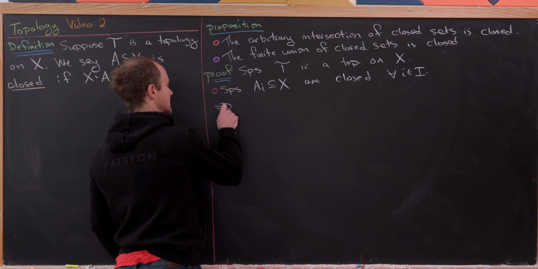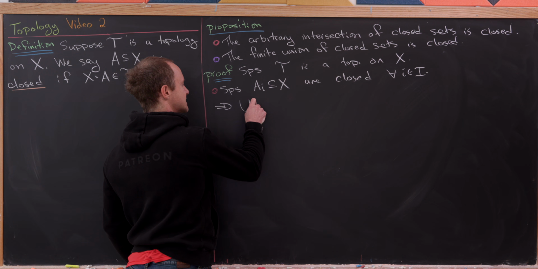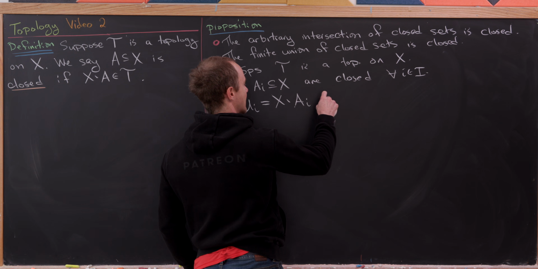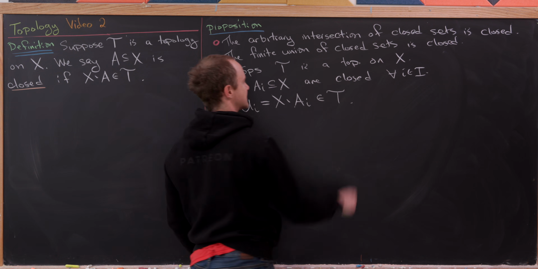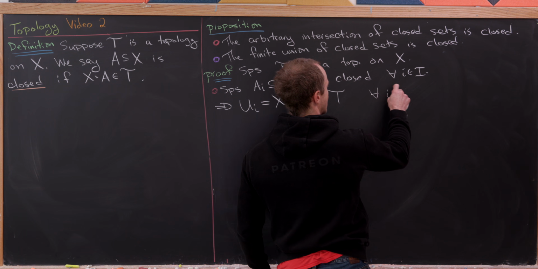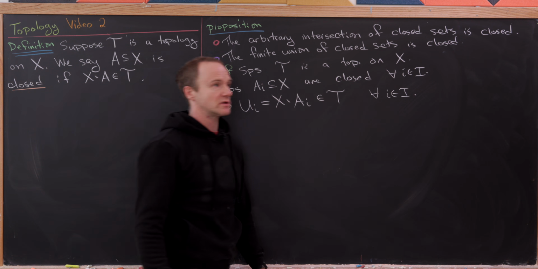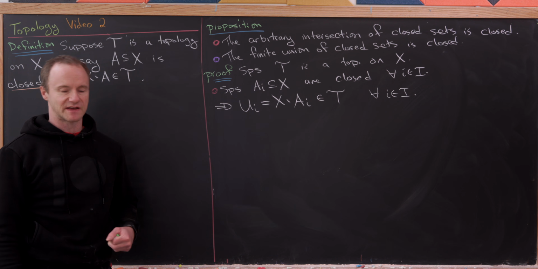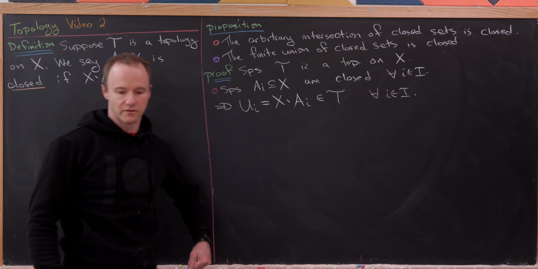But what does that mean? That means that U sub I, which I will define as X minus A sub I, are all open. In other words, they're all in T. And this is going to be true, again, for all I in I. That's because we're taking the complement of closed sets and forming an open set. That's the definition of a closed set over here.